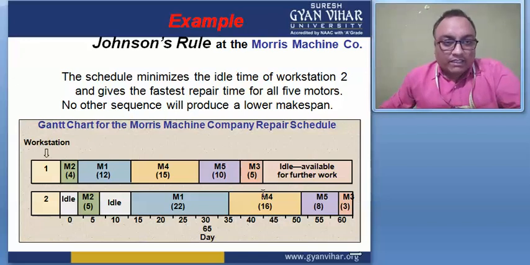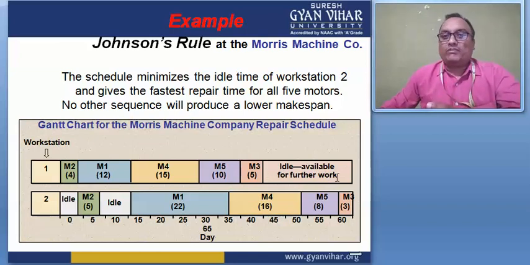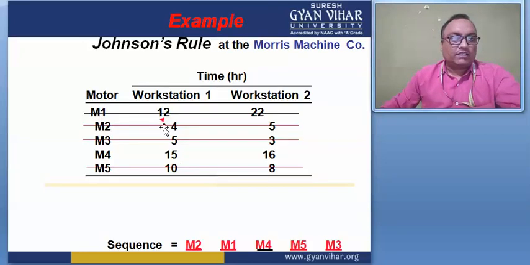At this time, the workstation 1 jobs are completed at about 40 hours, but machining work remains for workstation 2. This type of time is idle time, or we can say the rest time for the worker, available for further work. So this is the Gantt chart for this question, and the sequence is M2, M1, M4, M5, M3.